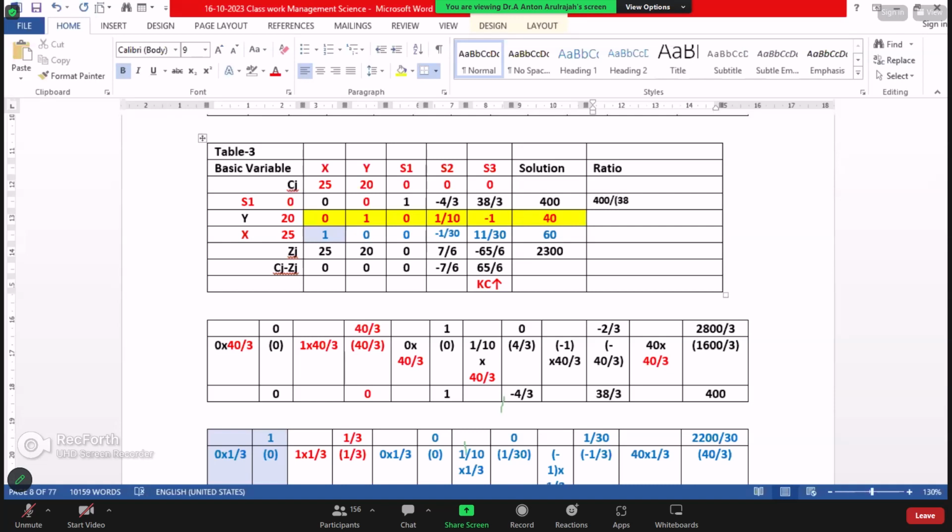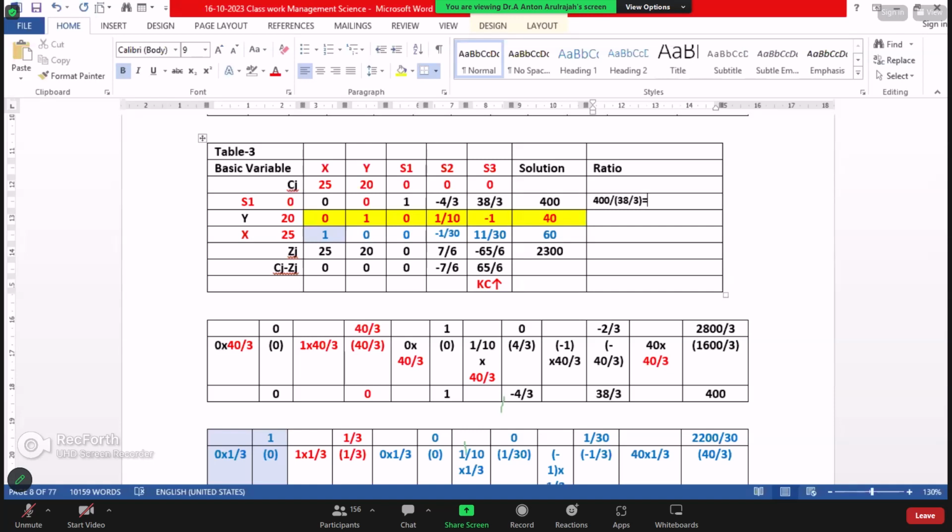So if you have any mistakes also, be careful. So 400 divided by 38 by 3.